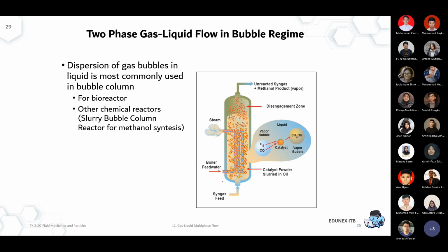Usually you have a syngas feed, for example, in this one. Because the gas is light, it can go upwards because of the lighter density. So the syngas will go upward and spread throughout the column.